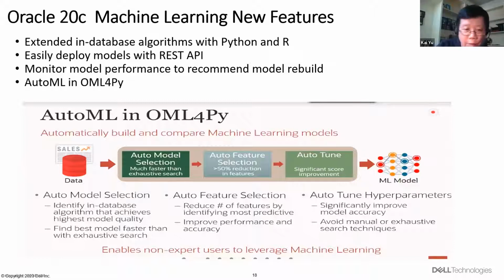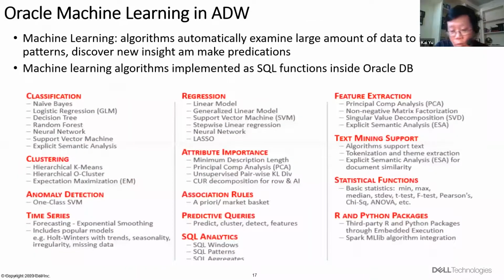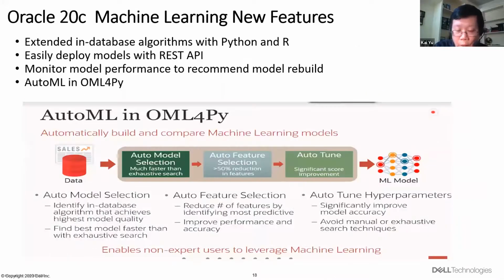We discussed previously that we have so many different models. Which one do you use? That's a big question. So AutoML will, based on the data, help you select the best model to use for model training. Another thing is called feature selection.